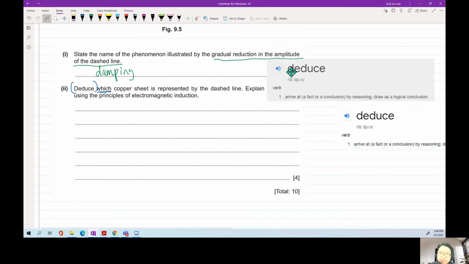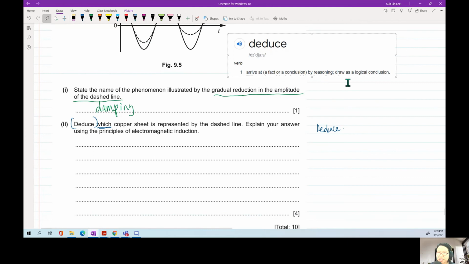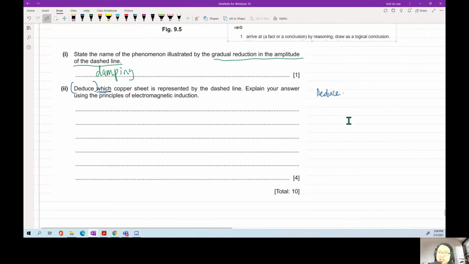Arrive at a conclusion by reasoning. So you need to reason this out by looking at the evidence that is provided. So you want to know which copper sheet is represented by the dashed line. Explain your answer using principles of electromagnetic induction.